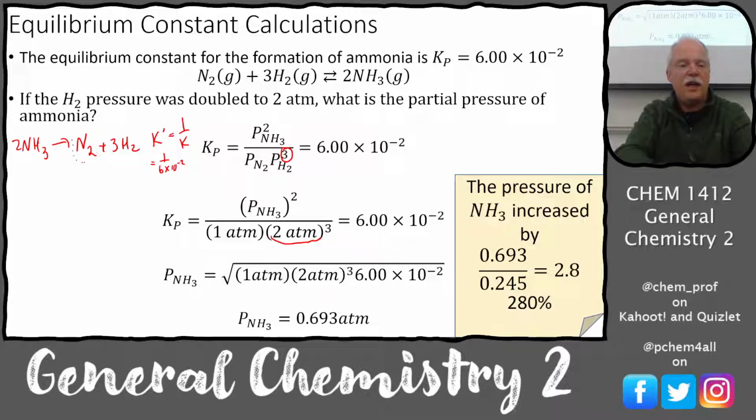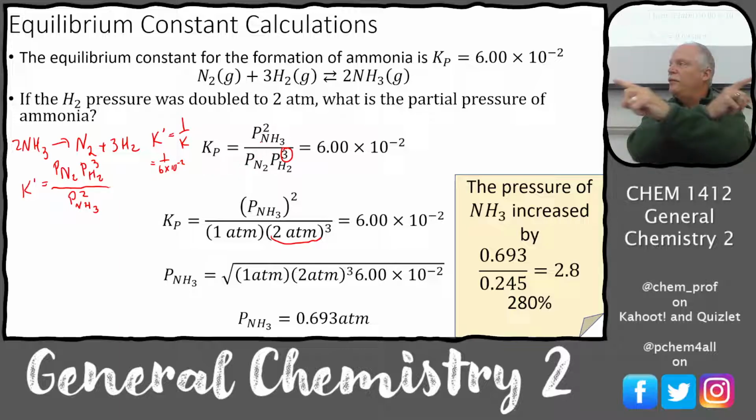And you can tell that, I'm just going to go ahead and write this out. We'll say K prime is equal to products over reactants. So we have the pressure of N2 times the pressure of H2 cubed divided by the pressure of NH3 squared. And you see how that's the inverse of this?